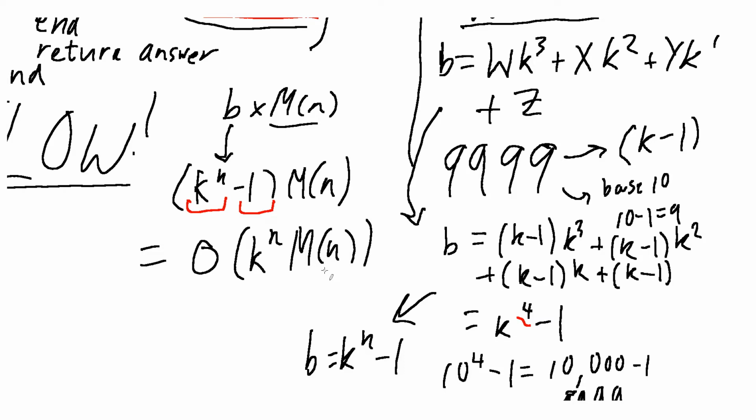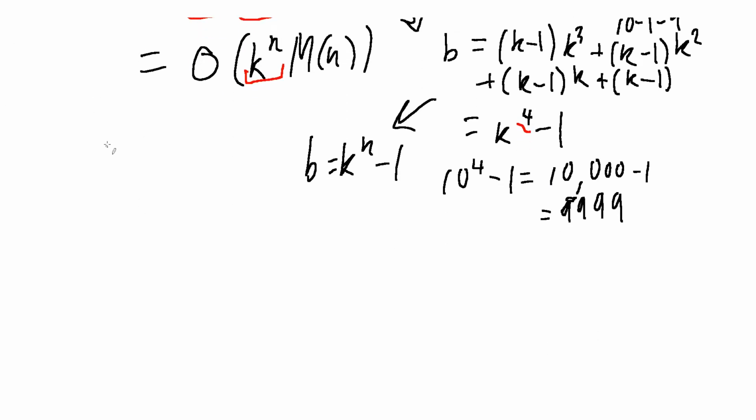So as we can see, this is an extremely slow algorithm. And why is that? It has an exponential factor.